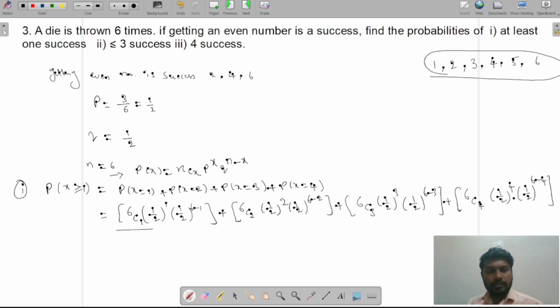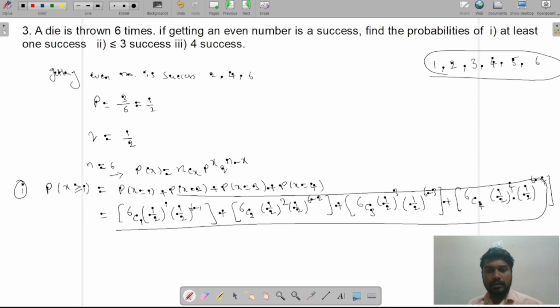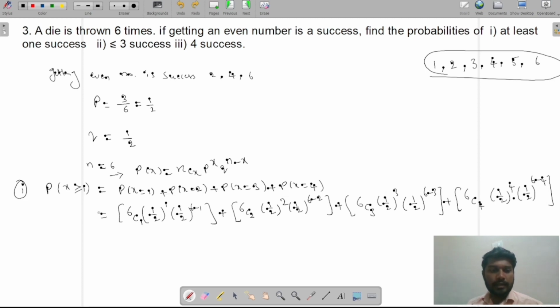This is the way we write it for x greater than or equal to 1: at every x I write a binomial distribution.